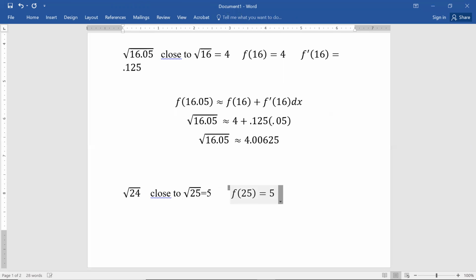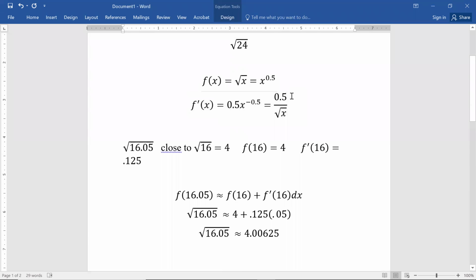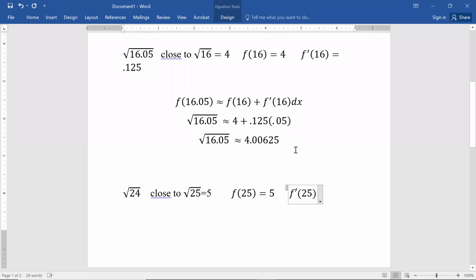Moreover, if you take the derivative function and plug in 25, 0.5 divided by the square root of 25 gives you 0.1.